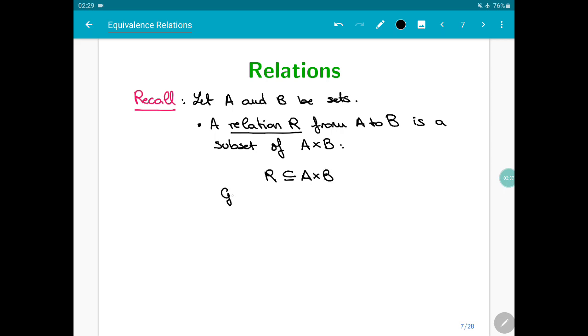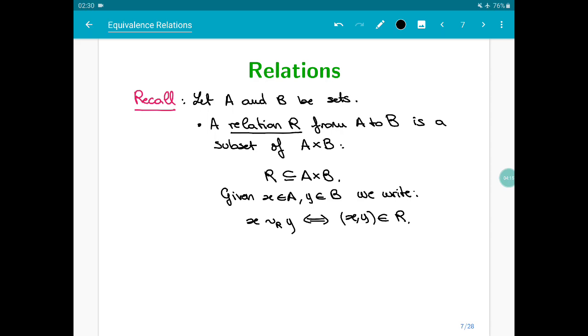If we are given x in A and y in B, we write that x is in relation with y, using the small r to indicate that this corresponds to that relation, if and only if the element (x, y) belongs to the subset of the Cartesian product. We can also define a relation on a set, and in this case B would be A itself.